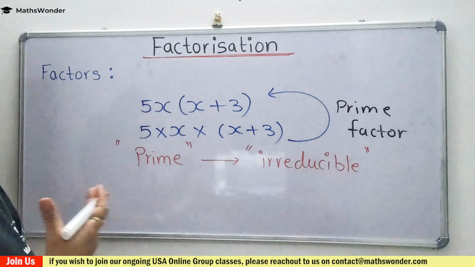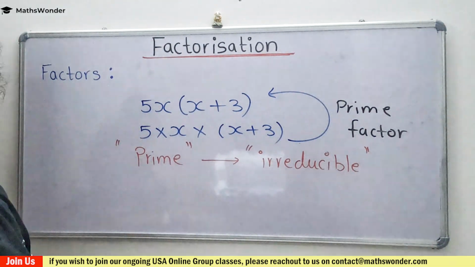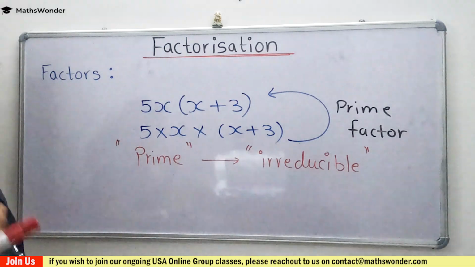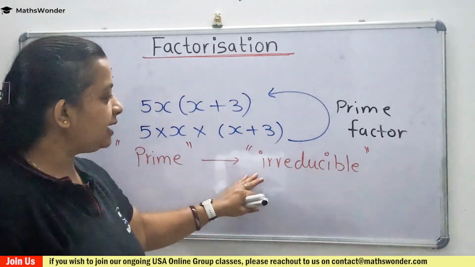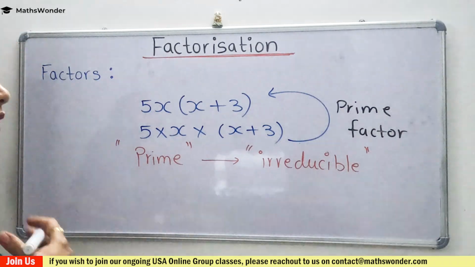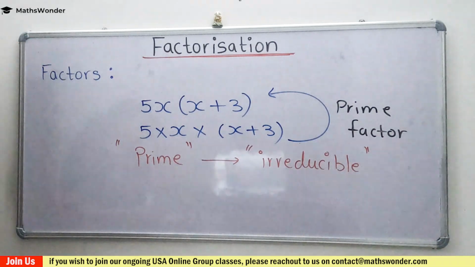Irreducible means it cannot be reduced further; reducible means you can reduce it. So it just works like prime numbers.